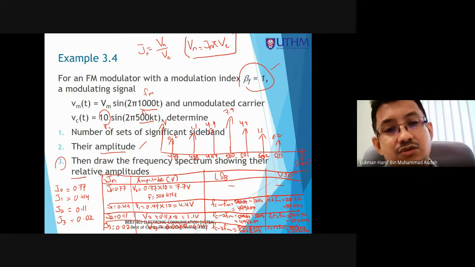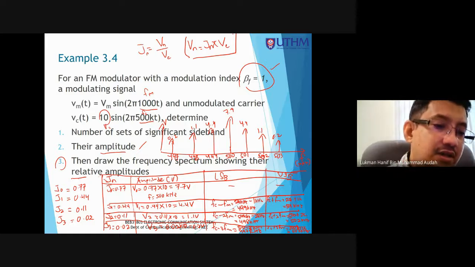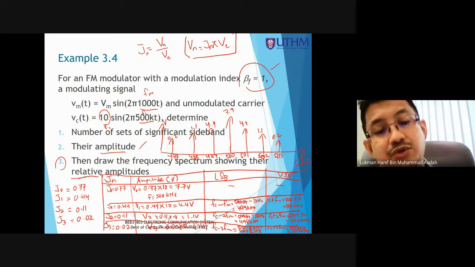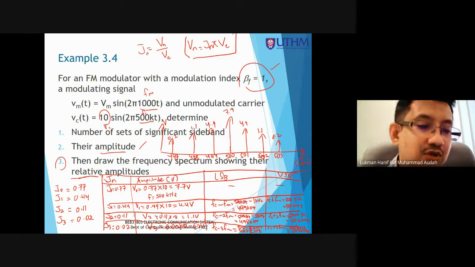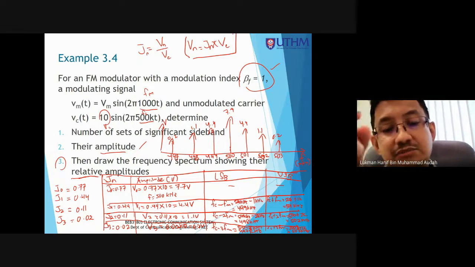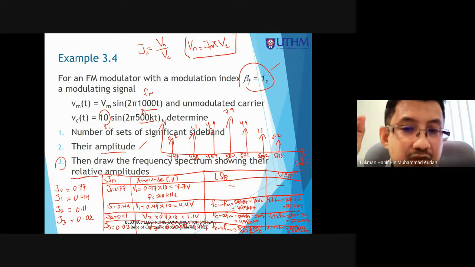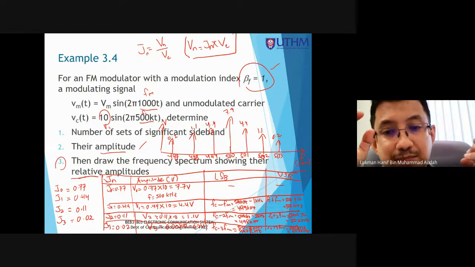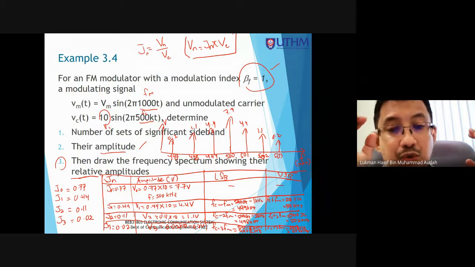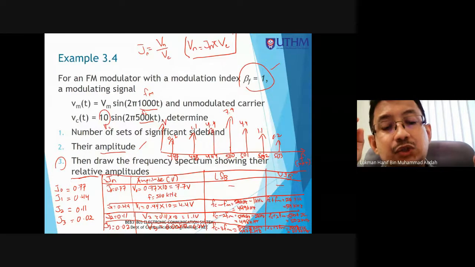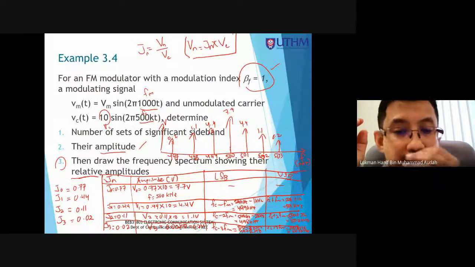Okay, so for these questions, it asks about relative amplitude. So you should put J instead of V. Okay, so jawapan sebenarnya sepatutnya kita tulis dalam sebutan J. Okay, 0.77, 0.44, 0.11, 0.02. So this is the way we draw.